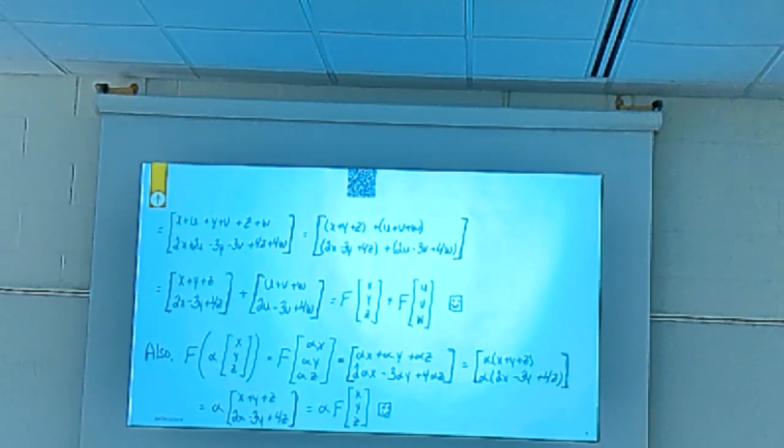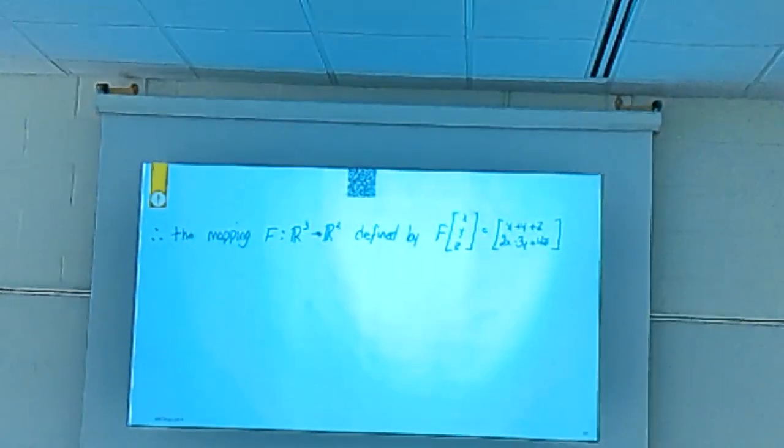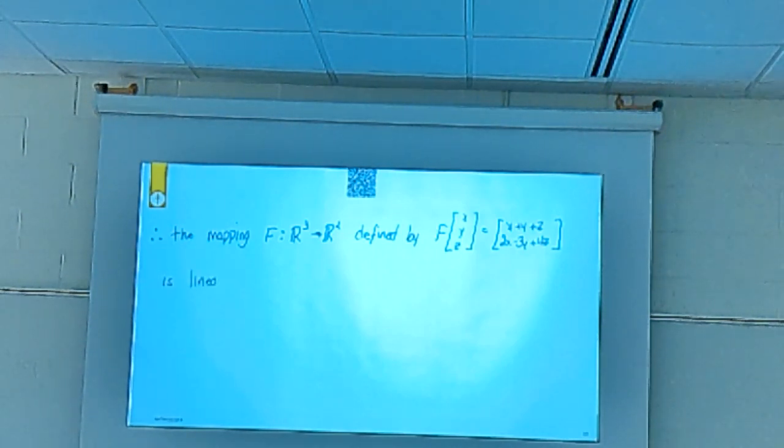No smiley face there, because that's the second property proven. Therefore, the mapping f from R3 to R2 defined by that is linear. QED.